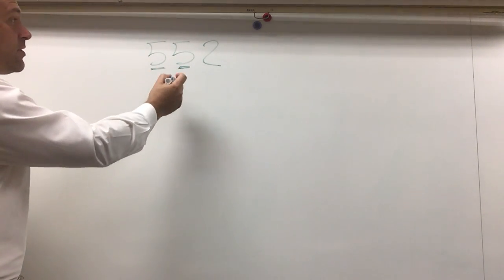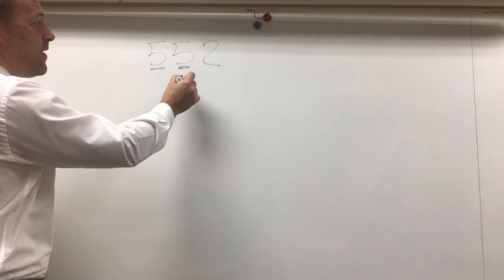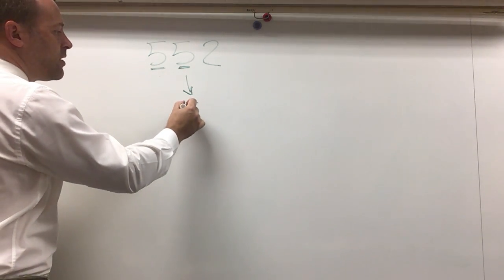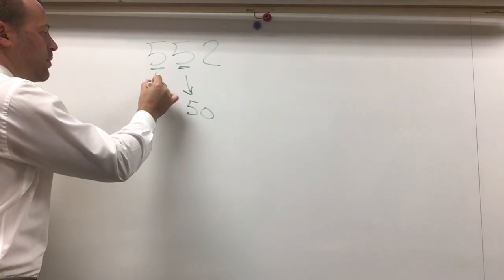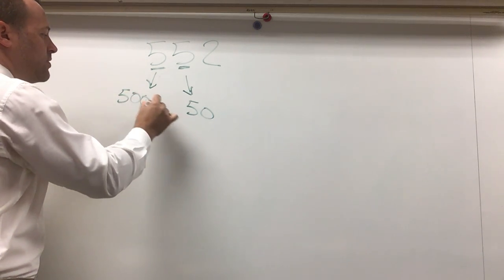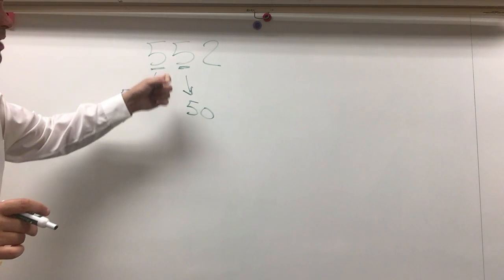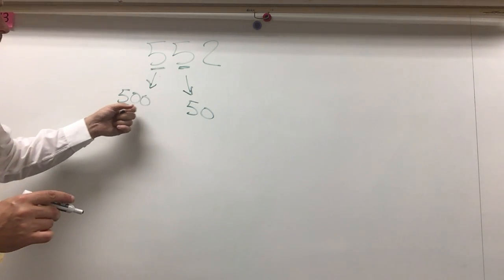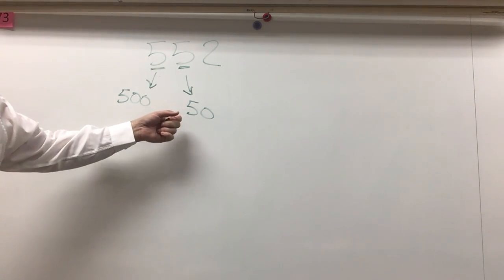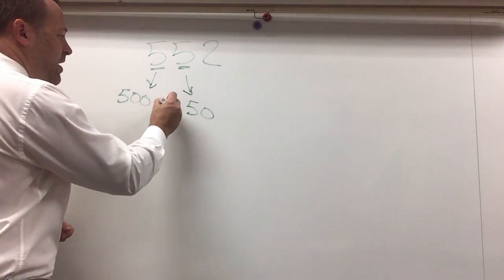Here's my tens, here's my hundreds. Sure, the digits are both fives, but this is really worth 50, and this one's really worth 500. How many times does 50 go into 500? How many times bigger is this 5?